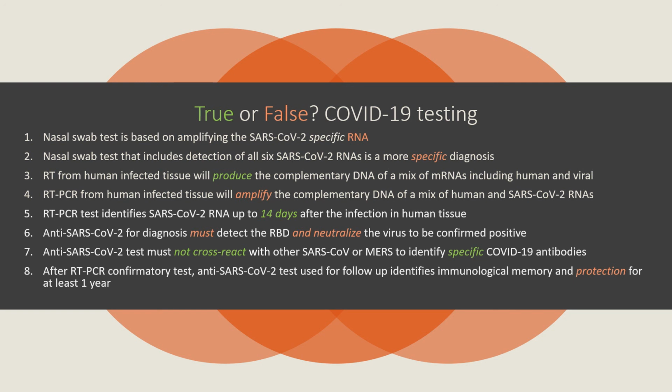After the reverse transcriptase polymerase chain reaction confirmatory test, anti-SARS-CoV-2 antibody testing used for follow-up identifies immunological memory and protection for at least 1 year. Well, this is false because it does identify immunological memory, but it does depend on the antibody testing that was done.